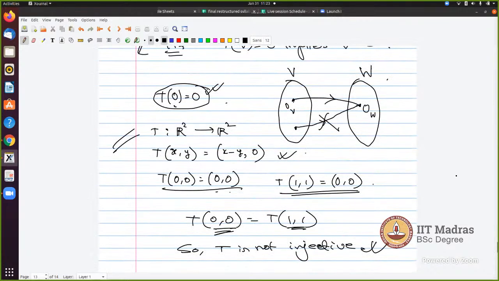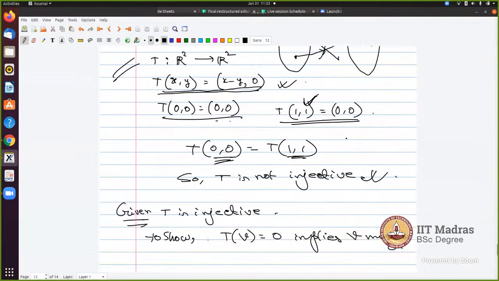So this mapping, is this injective? This is not injective, right? Because there is a non-zero vector which I have written down here, which is going to 0. As soon as I find some non-zero vector which is going to 0, then it cannot be injective. If it has to be injective, then only 0 has to go to 0. There should not exist any other vector.